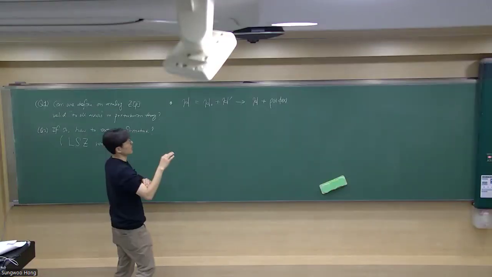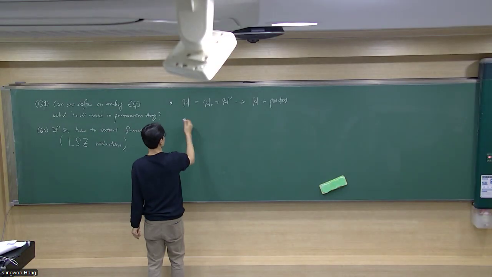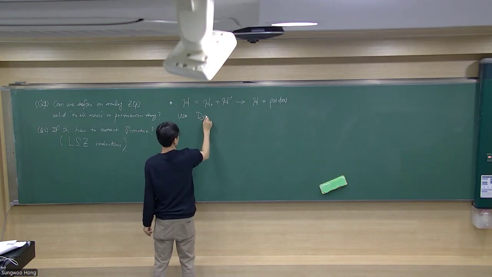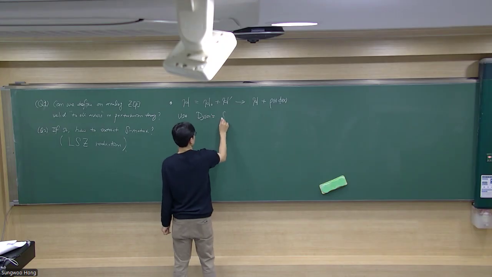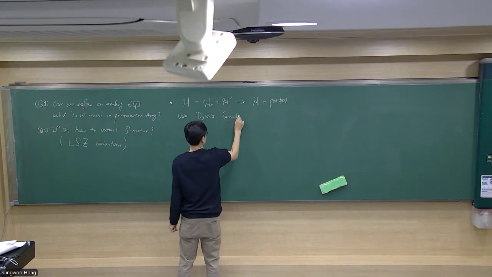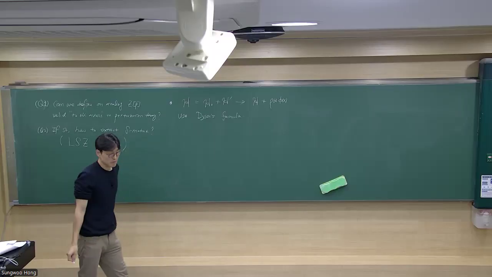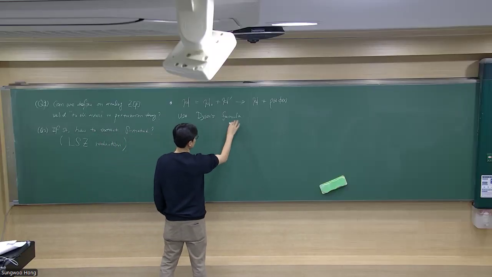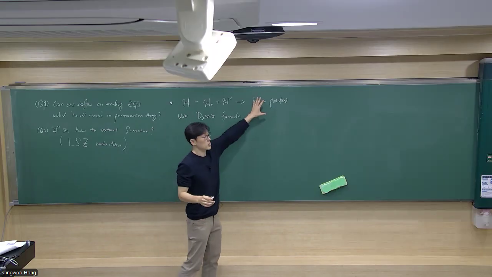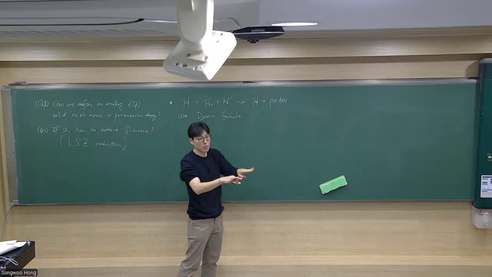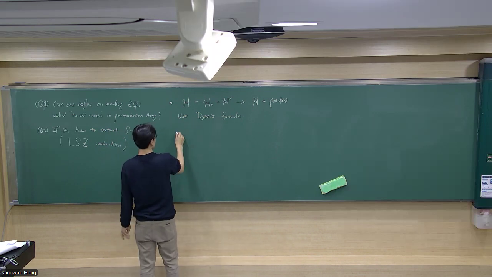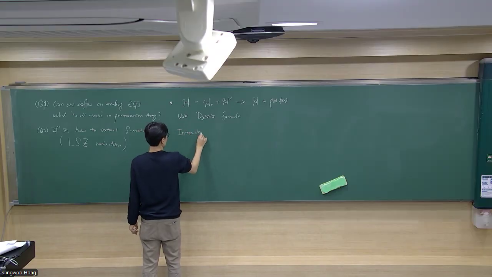We will use Dyson's formula, which I will remind you of momentarily. We will analyze this construction in two different ways and then compare them. So let me first remind you what Dyson's formula was. We started out the discussion from an interaction picture.